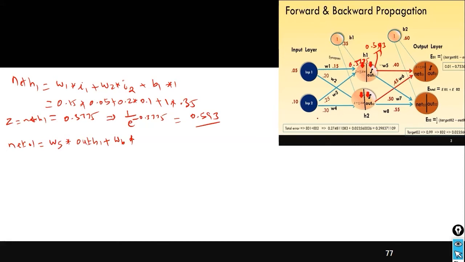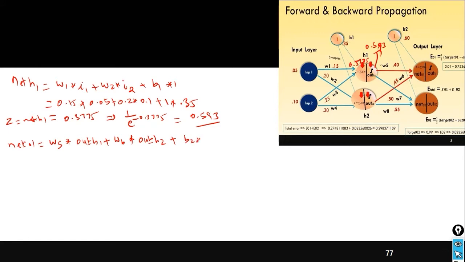For this one, it receives the input from these two things. Plus B2 into 1, because this bias is for your output layer.